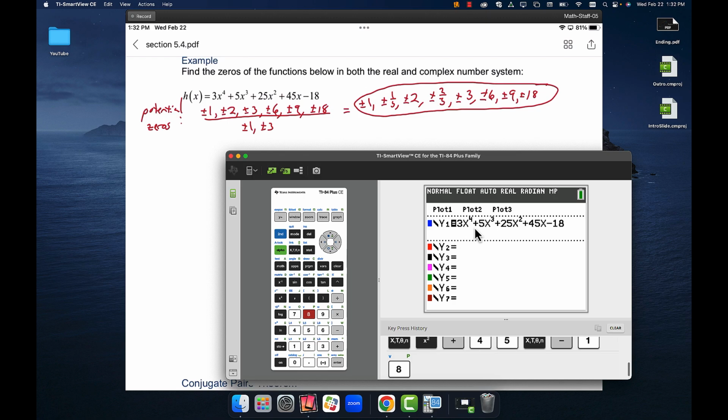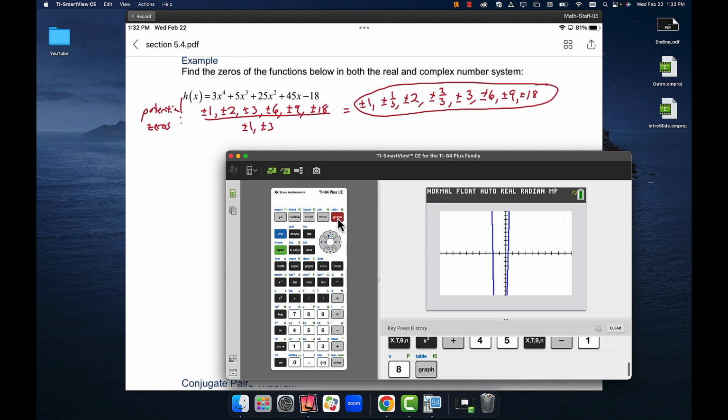Make sure you don't have any simple mistakes there. And then we're going to either go to the graph or go to the table. It looks like, according to the graph, there might be one at -2, and it looks like the next one's between 0 and 1. So we'll go to the table and find those.